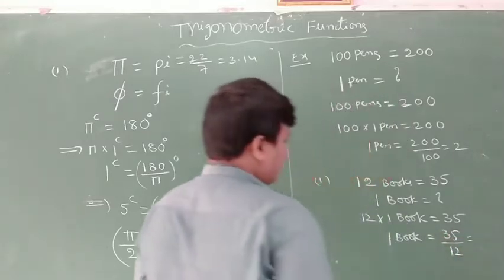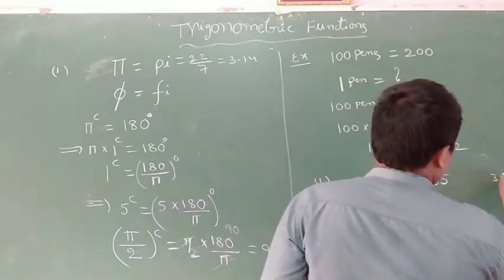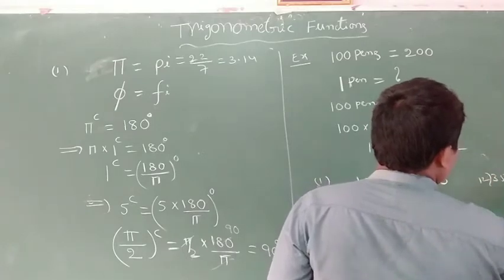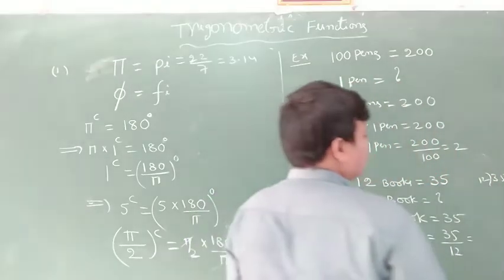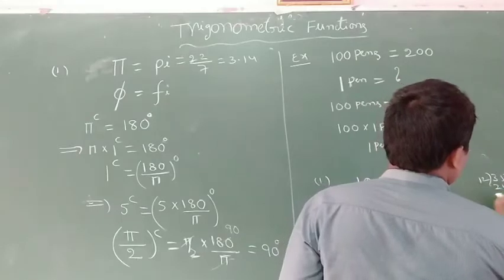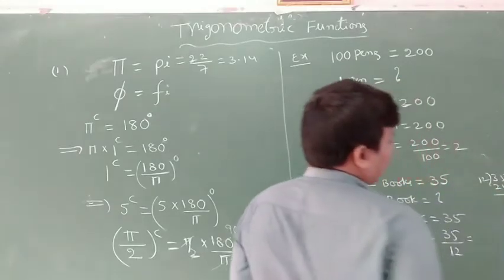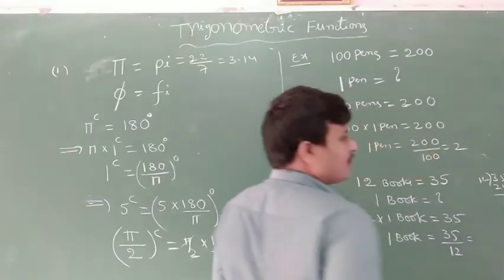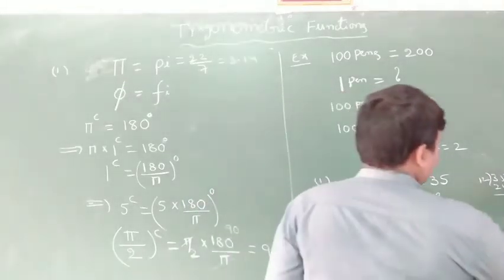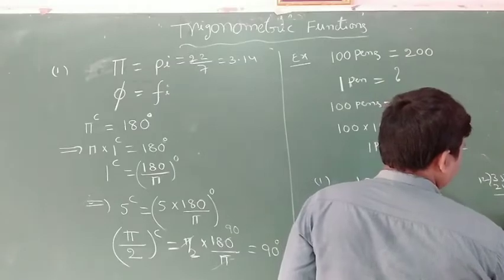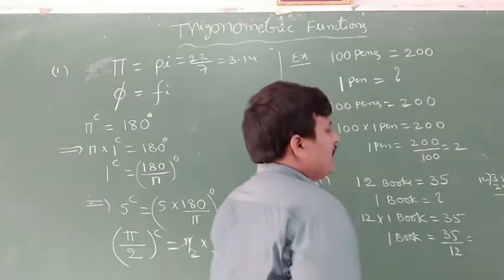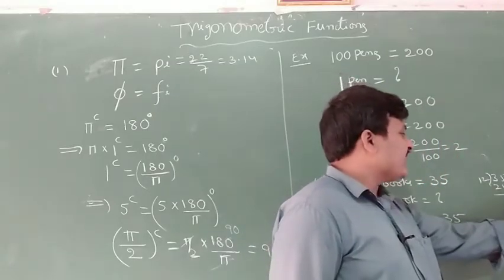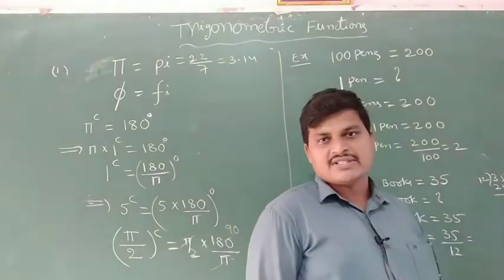Calculate, you have to calculate. 35 by 12 means 12 twos 24, 12 threes, 12 nines 108, nearly 2 rupees 90 paisa or 91 paisa, nearly.